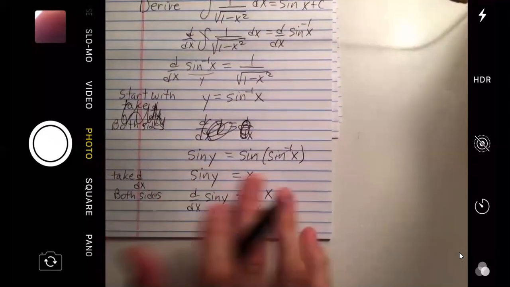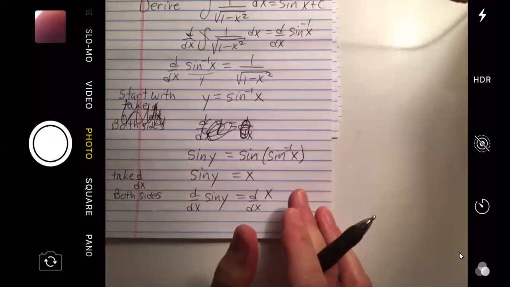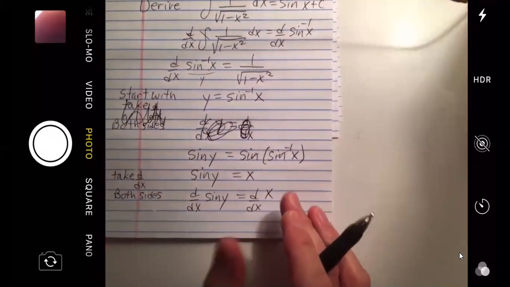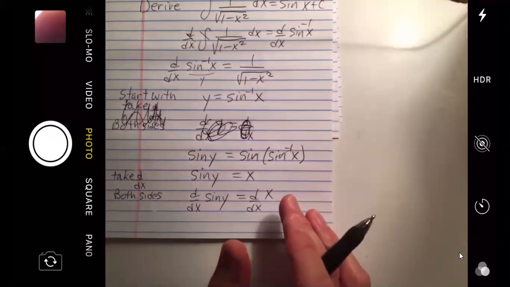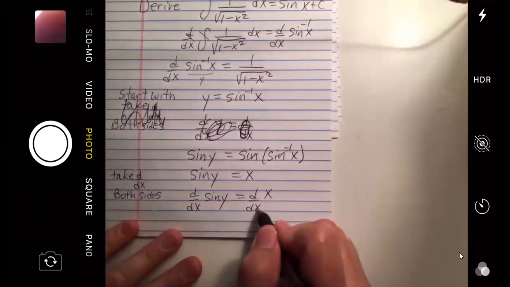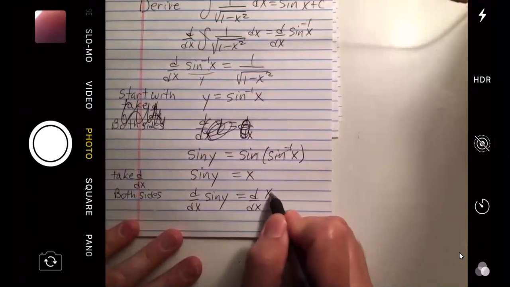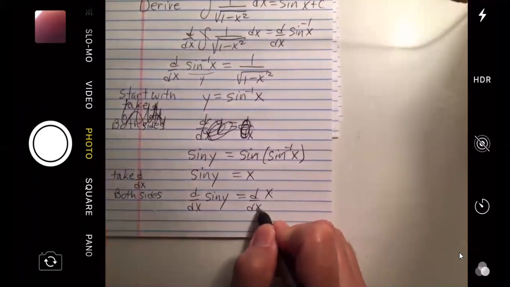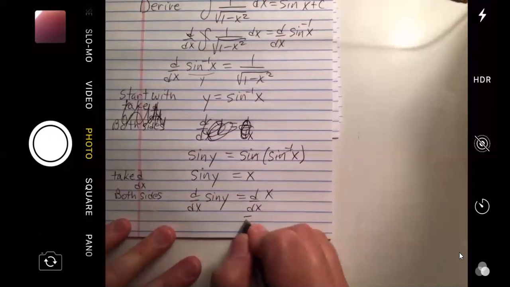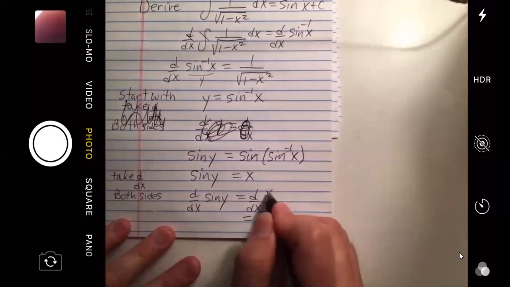In Calc 1, they talked about something called implicit differentiation. I can't reteach that whole thing. Bottom line is, if the letters match, this is the derivative of x with respect to x, and it works by the same rules. This is a simple 1, because the coefficient is 1.